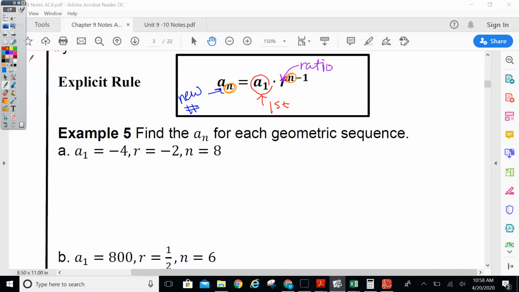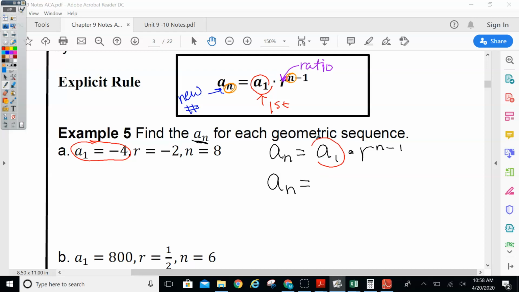Okay, so we're using this formula and we're trying to make an equation now. Here I'm going to write the formula over here. a sub n equals a sub 1 times r to the n minus 1. So we're trying to find a formula for a sub n. Well, what is a sub 1? It tells us here, a sub 1 is -4.